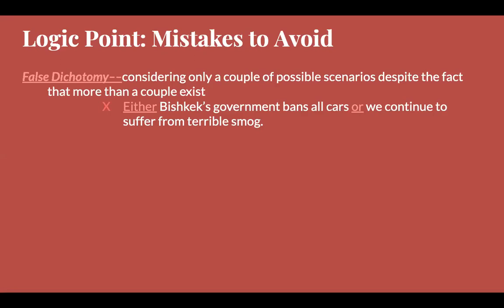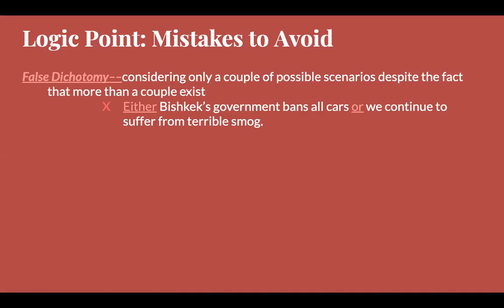Well, a ban on cars is one possible solution to the problem, but those aren't the only two, right? It's not an either or problem. There are many other measures that Bishkek's government could take to ameliorate, to make better, the problem of pollution, right? So this is falsely presenting the problem as an either or problem, right?